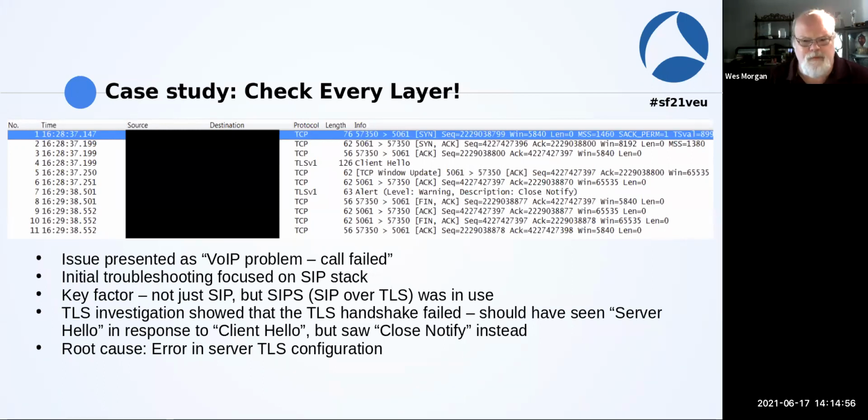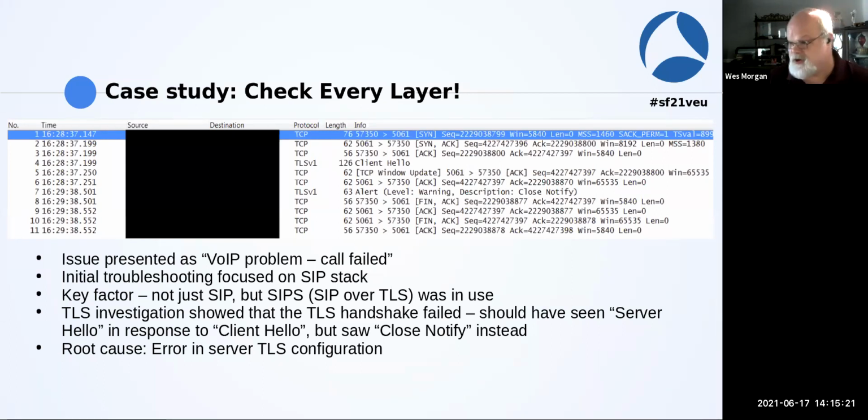This problem came to our attention as a voice over IP problem, calls are failing. And we asked a few questions and they said all calls involving this server are failing. Well, the folks who did their initial troubleshooting focused on the SIP stack, right?